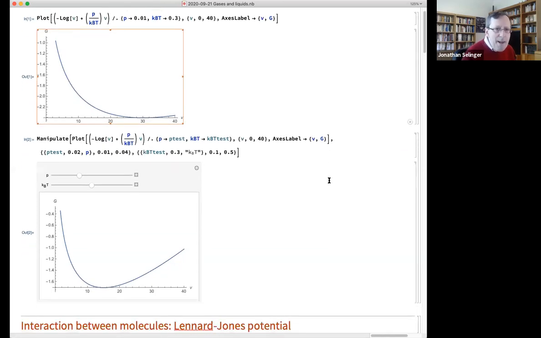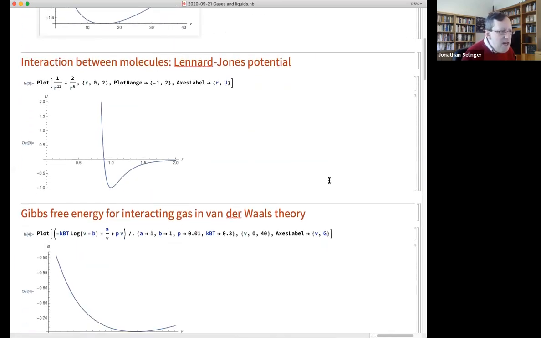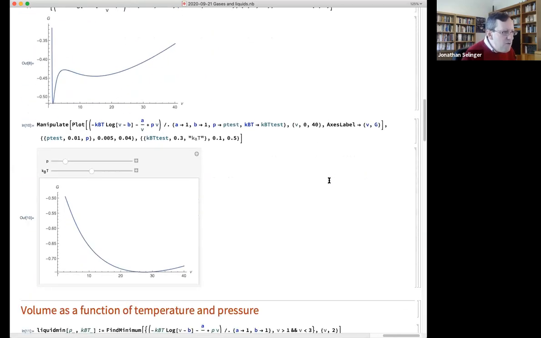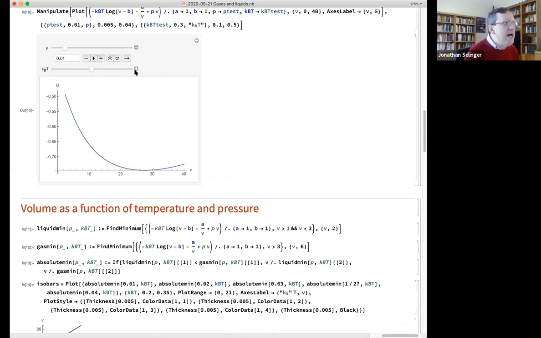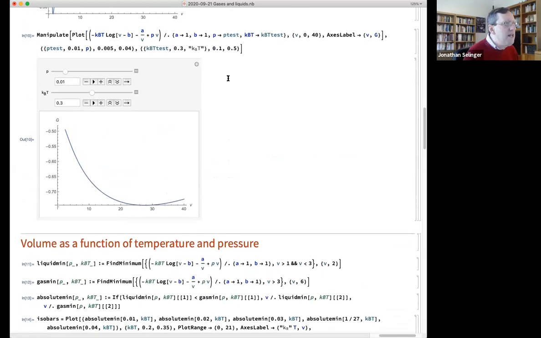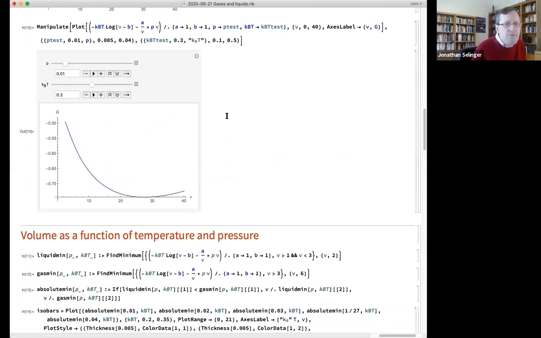So now let's do the same thing for the interacting gas. I'll do it here in my interactive plot where I have adjustable sliders for pressure and temperature. I'm starting off at a pressure of 0.01 and a temperature of 0.3 in these weird non-SI units where A and B are equal to 1.